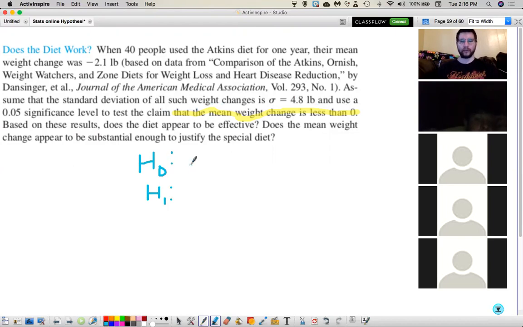Less than 0. That's this symbol. That's going to go in the alternative. So mean is less than 0. Mean is greater than or equal to 0 for my null. The claim is right here, less than 0. All right. N is 40.